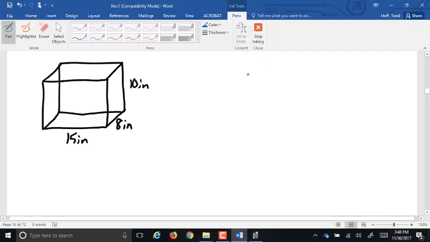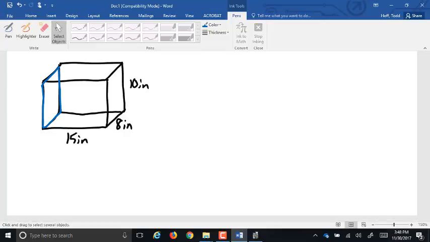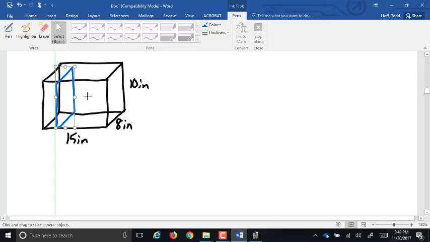Now with a box, any of the sides of the box could be the base. I could take this rectangle over here, and I could have moved that. I could have pulled that through space to make that box.